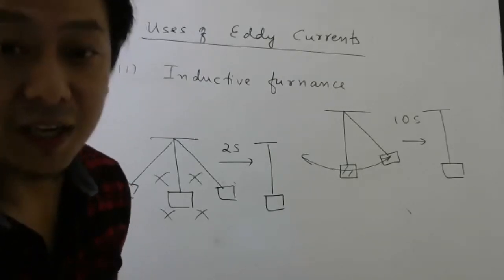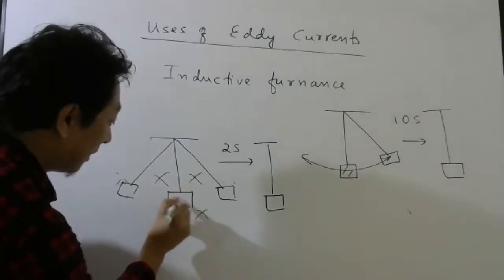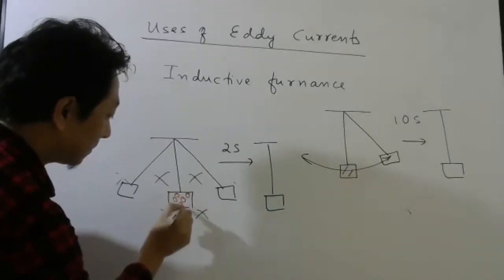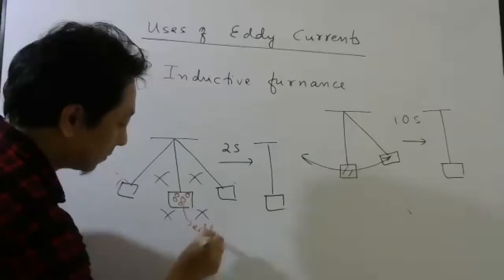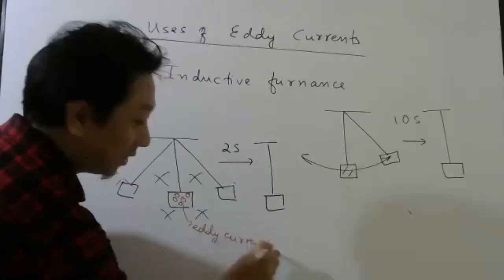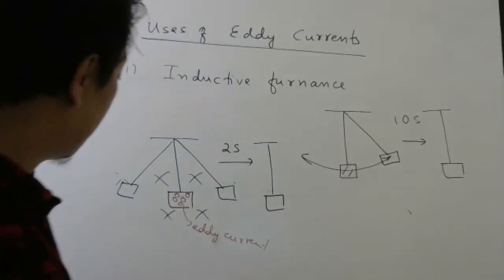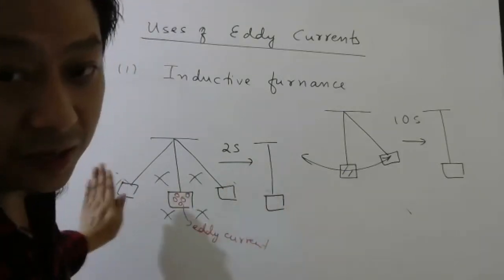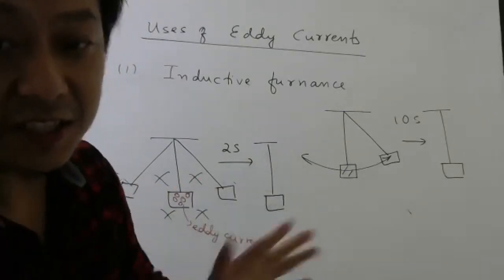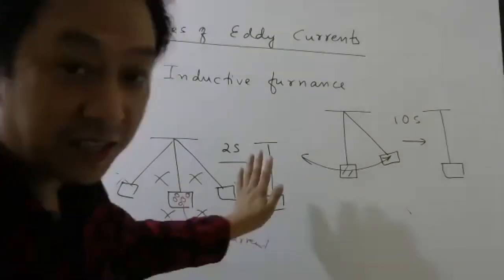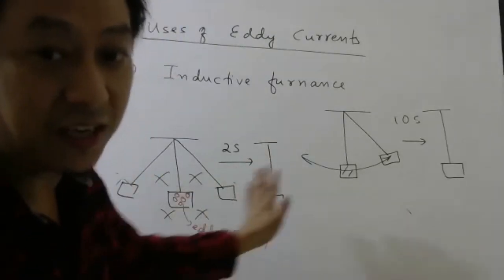Why did it stop quickly? Because eddy currents will be produced. Why will eddy currents be produced? Because it is moving in a magnetic field, so it will keep seeing changes in magnetic field.